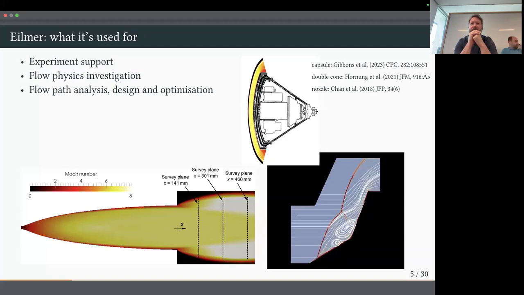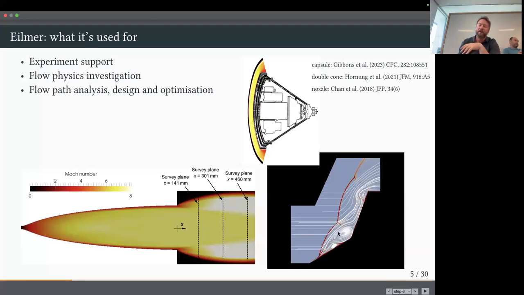So on the right here, I have an animation. This animation of a double cone, in this particular case, wasn't a particular physical experiment. People have studied double cones. But this one was a numerical study that looked at many configurations of those ramp angles to try and find where these flow features are steady and where they're unsteady.